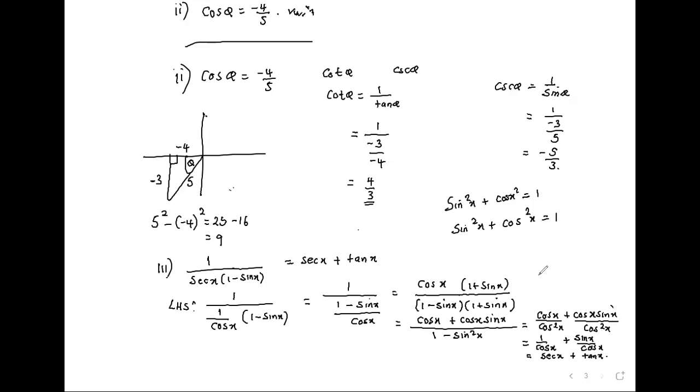So for all identities that they'll ask, just change everything from sec, cosec, tan and cot to sine and cos. When you start from there, you will see things cancel.